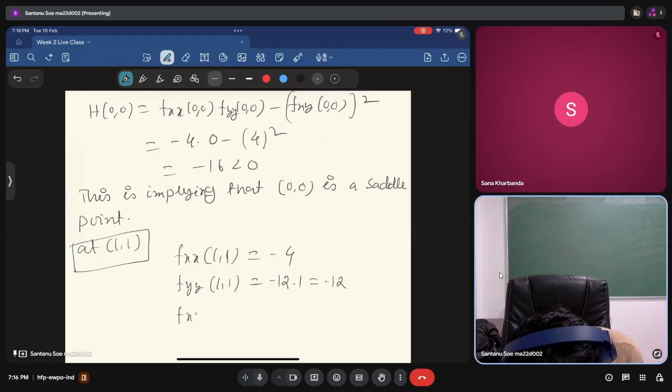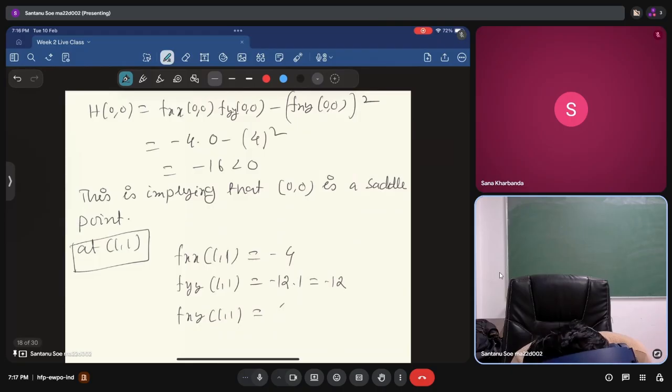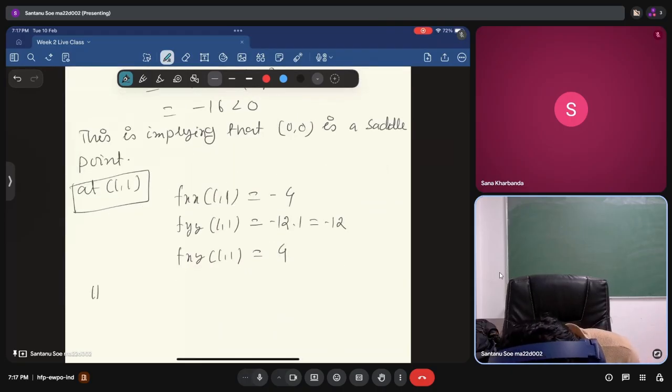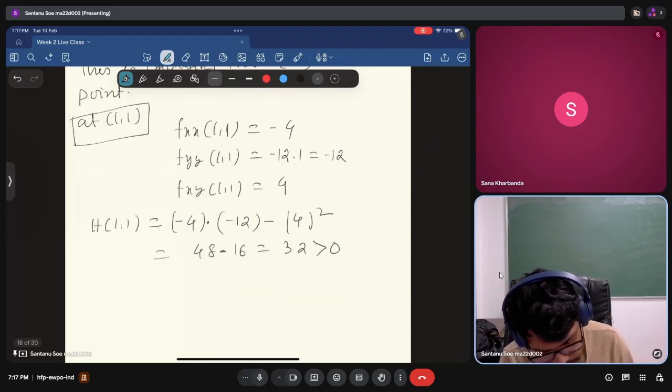And fxy at (1, 1) will be 4 again. So H of (1, 1) is going to be minus 4 times minus 12 minus 4 squared. So this will be 48 minus 16.